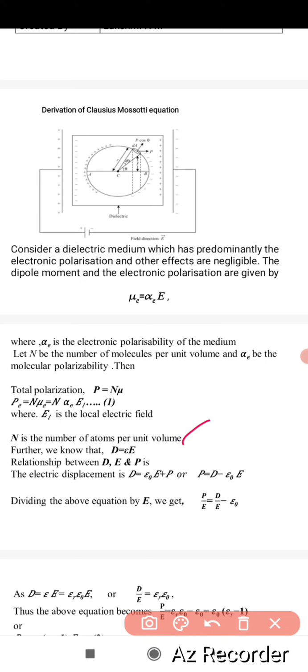We know that D is equal to epsilon into E. This is the relationship between the electric displacement vector D and the electric field intensity E. In the previous class we learnt the relationship between D, E and P: D is equal to epsilon naught E plus P. Rearranging, P becomes D minus epsilon naught into E. Dividing both sides by E, we get P by E is equal to D by E minus epsilon naught.